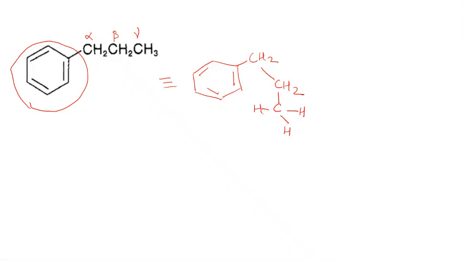Gamma hydrogen is 6, gamma carbon is 5, 4, 3, 2 and 1. And we all know the benzene ring also has hydrogen in it. So there will be a transfer of hydrogen from the 6th position to the 1st position along with the bonded electrons, and there will be a subsequent electron transfer.